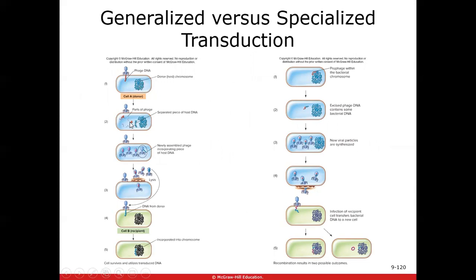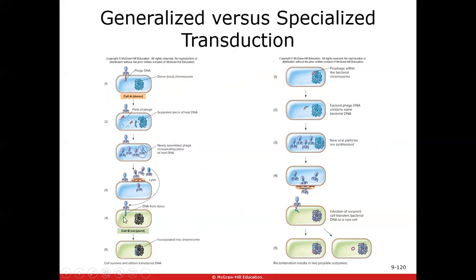So the viral DNA takes over a portion of the host DNA and makes new viruses. But when it makes new viruses, a portion of the host DNA gets incorporated in with the viral DNA. The virus takes over the cell, it lyses the cell, and so now the viruses go out to infect other cells.